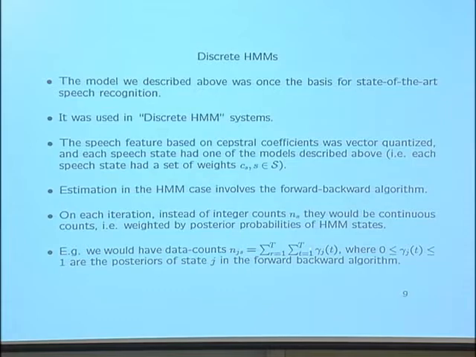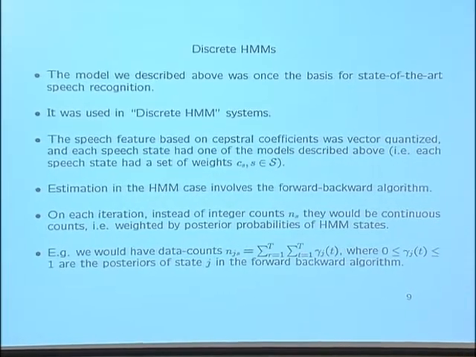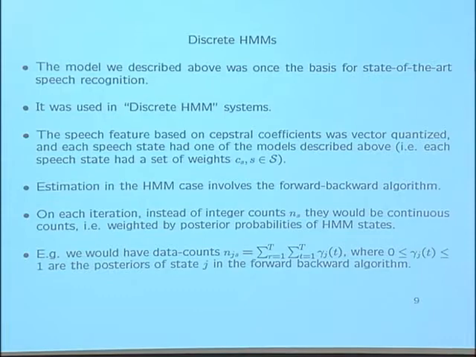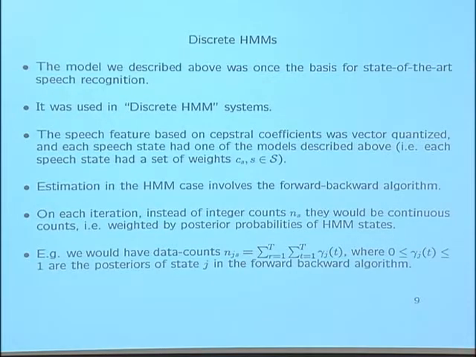These gamma j of t are values between 0 and 1, which describe the probability of being in a particular state at a particular time. So you can think of them as soft counts. When you do the estimation, instead of computing the sum over real counts, you compute the sum over soft counts. And there's this forward-backward algorithm to compute what the soft counts are. I'm not going to go into all of that because that's not really what this lecture is about.